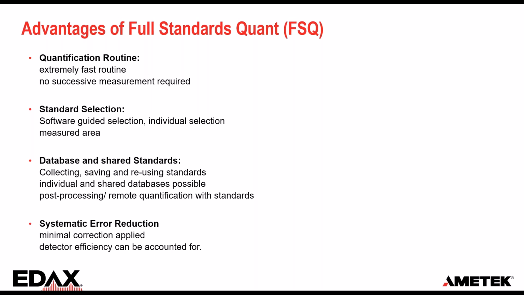So before I said, why should we make 4 out of it? If we actually have a reference saved, if we have a standard saved in the database, we only need to measure our unknown and activate the standards. So that actually reduces the workflow by a lot in time and complexity.